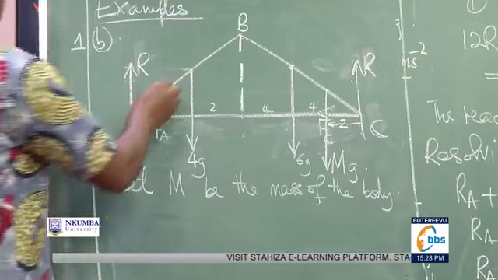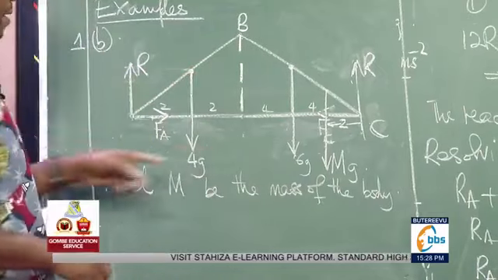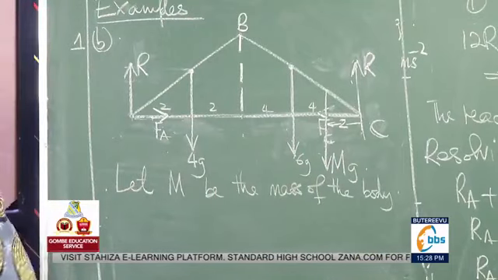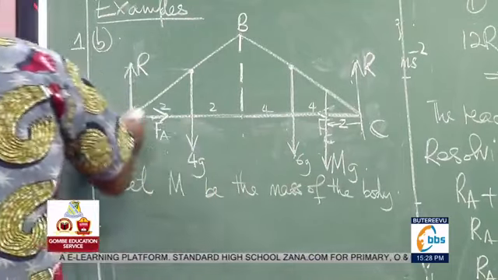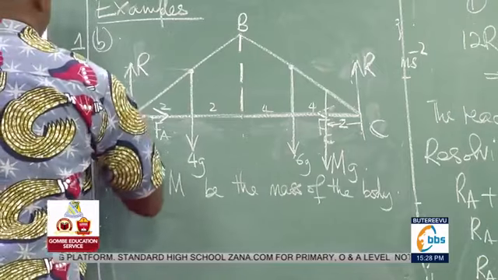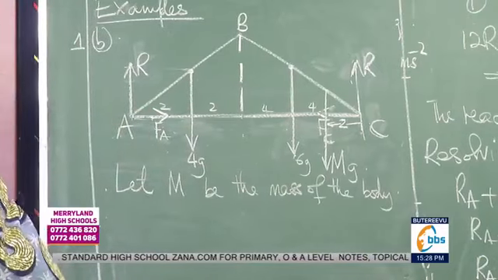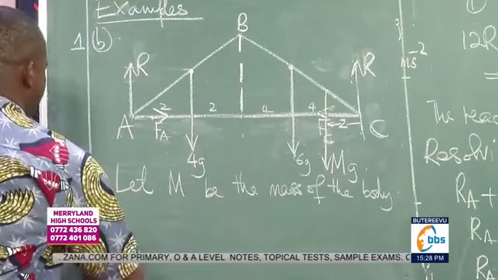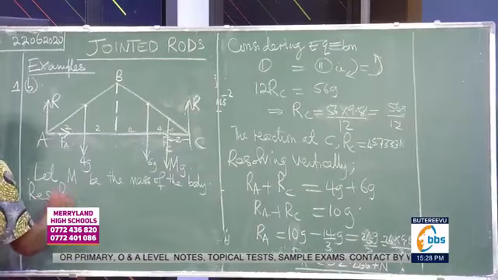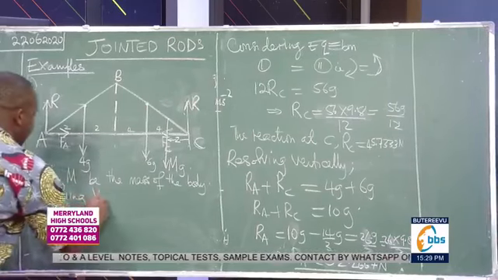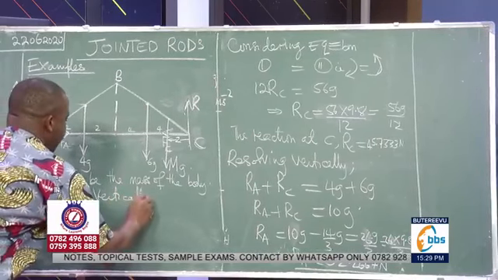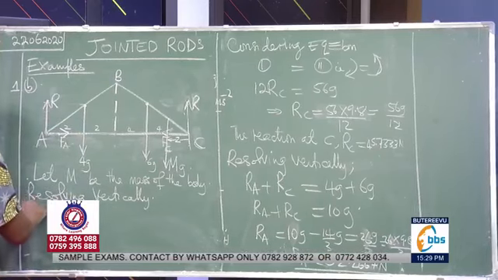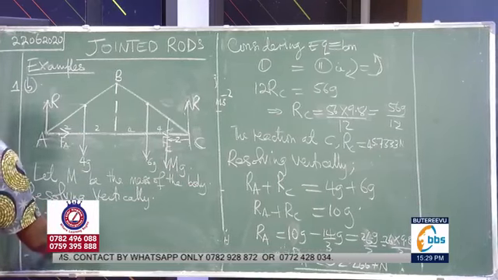To find the mass of this body, M will be unknown. We shall take moments again at point A and then resolve vertically. We consider resolving vertically first. Vertically means upward forces should be equal to downward forces.